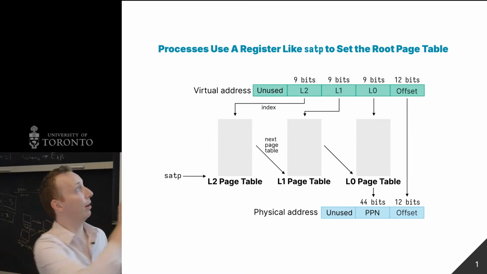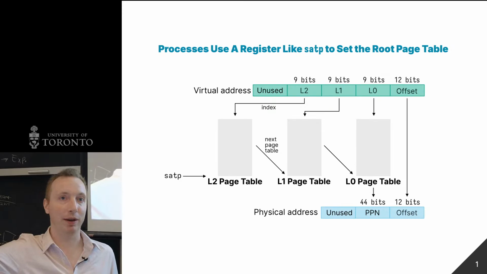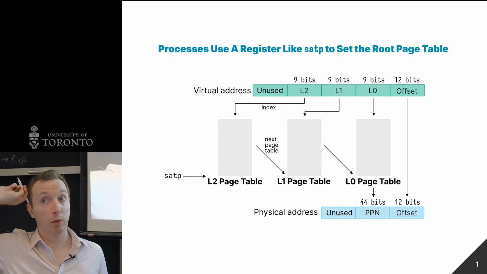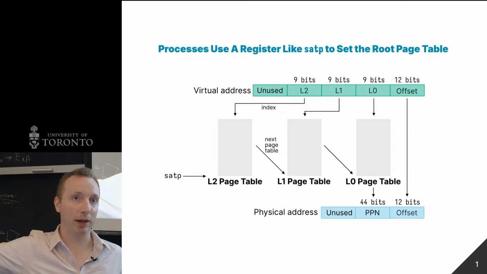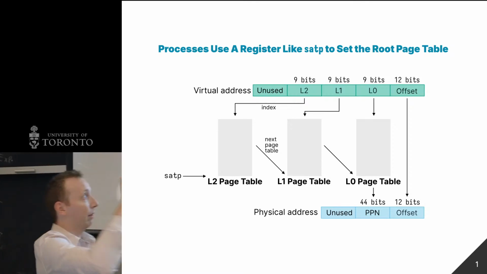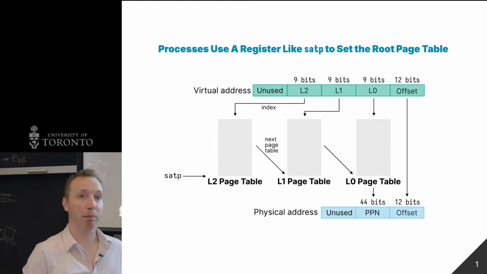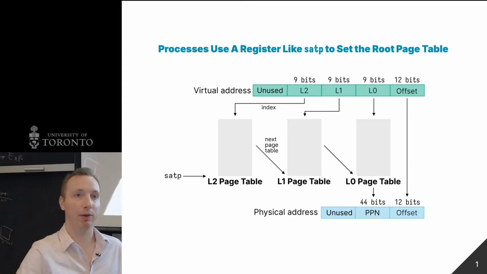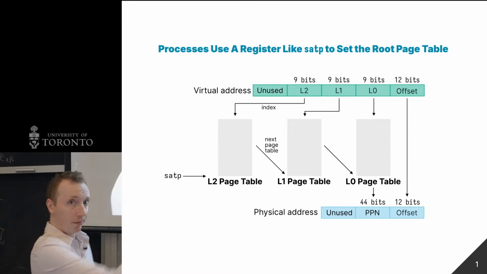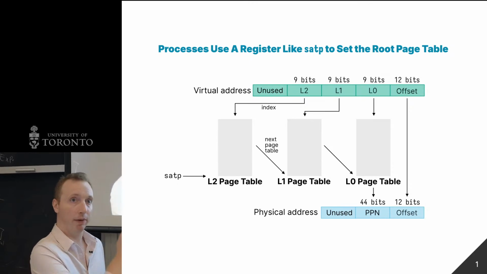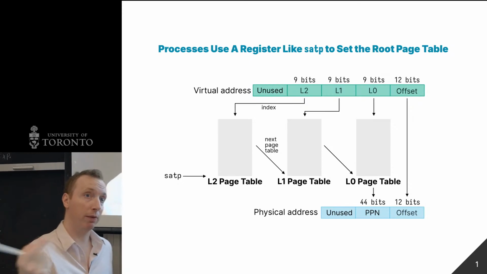We had the problem where if we had to translate up to 2 to the 27 different pages, it would mean our page table is 1 gigabyte, even if our process doesn't use that much memory. So the main reason we use this is to save memory for processes that don't need that many translations. If you only need to translate a single address, we only need 3 page tables here: one for L2, one for L1, one for L0.